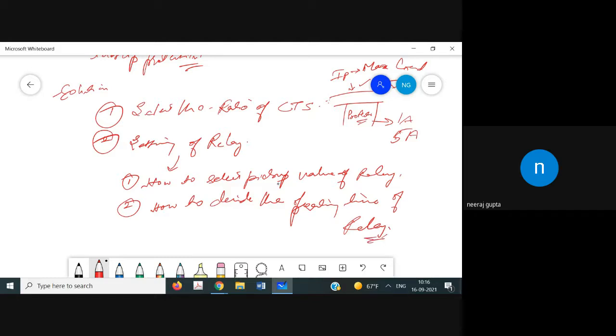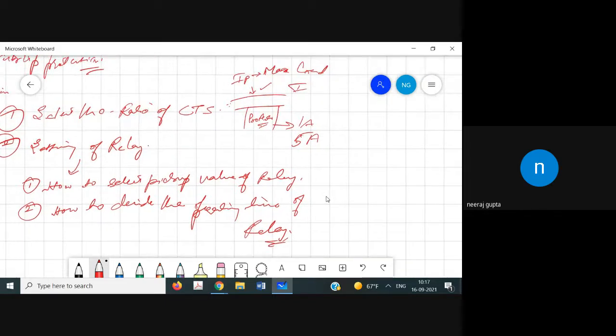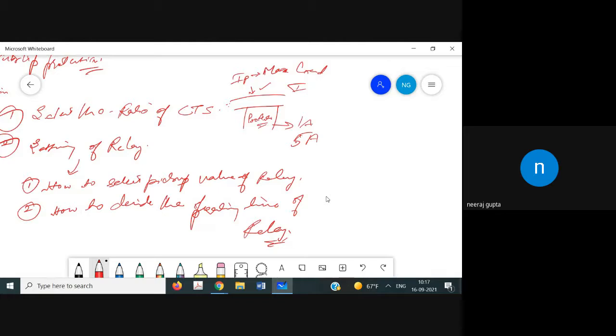Now, as you know, the pickup value is the current at which the relay will pick up. The pickup value of the relay should be such that it allows the normal current to flow through it. It should also allow the permissible overload, which means it should be greater than the maximum load current.